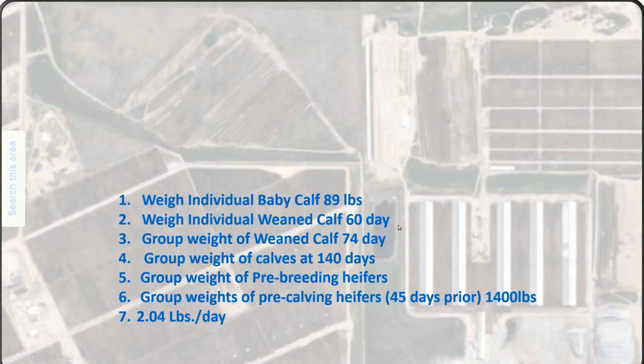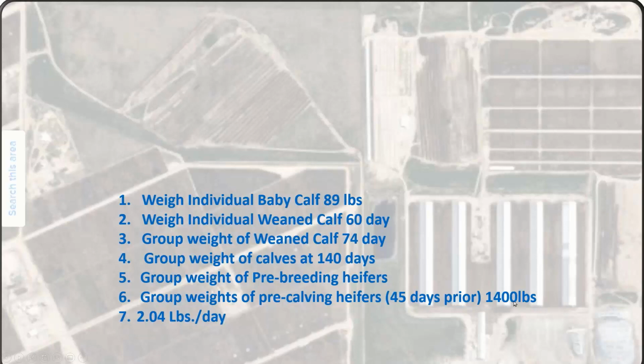We weigh individual calves at 60 days when they come out of the huts. They're in that group period for 14 days. And then they're group weighed again at 140, group weighed at pre-breeding, and then pre-calving 45 days prior, they're group weighed at 1,400 pounds.